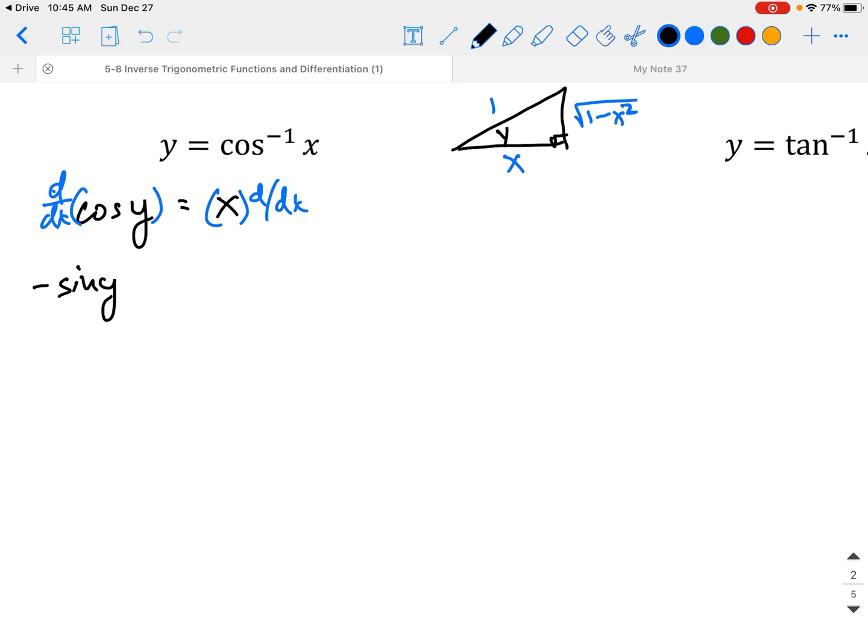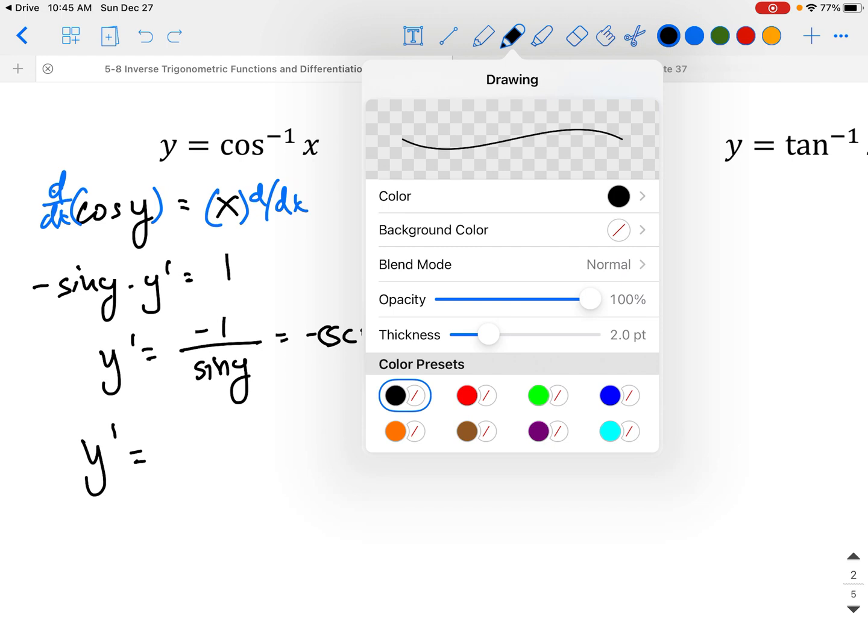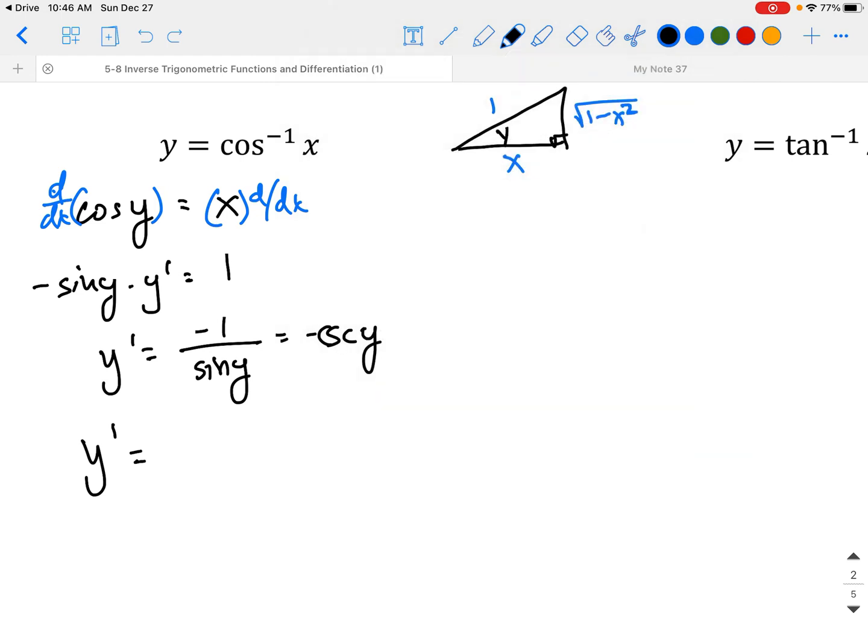So we'll get negative sine y times y prime is equal to 1. So dividing by negative sine y, we'll get negative 1 over sine y, which is just negative cosecant y. So if I look at my ratios, then cosecant is going to be hypotenuse over opposite, which is actually the same exact ratio that we got with sine. So the only difference is it's going to be negative 1 over that expression.